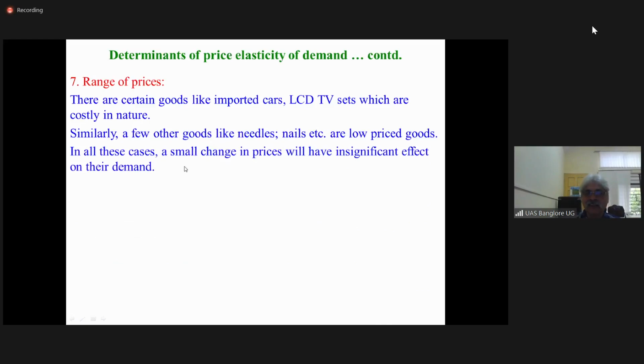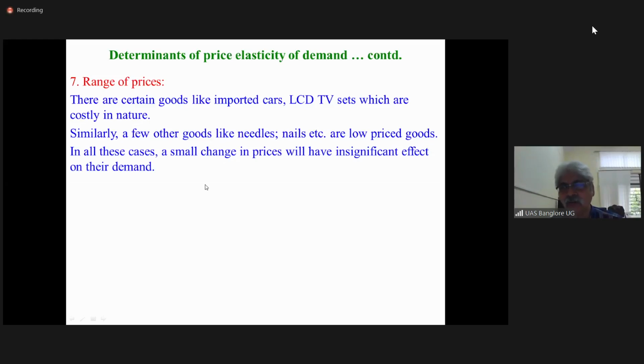In all these cases, a small change in prices will have an insignificant effect on their demand. You want to purchase needles, the price is only say 2 rupees, and if it becomes 2 rupees 25 paise, you don't mind, let me purchase it. And an imported car, anyway you are ready to pay 50 lakh rupees, suppose its price increases by another 25,000 rupees, you don't mind.